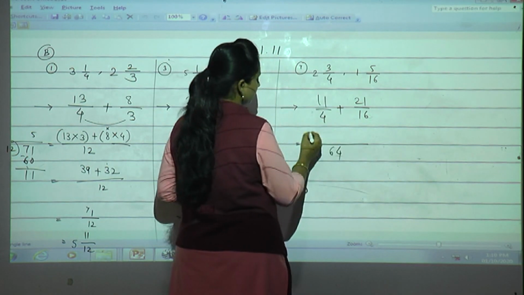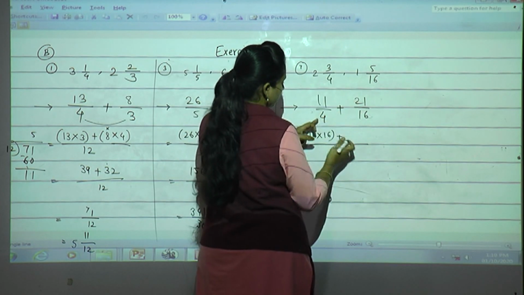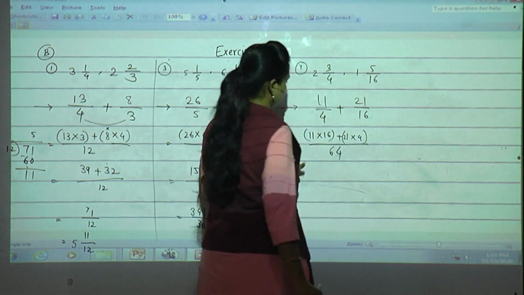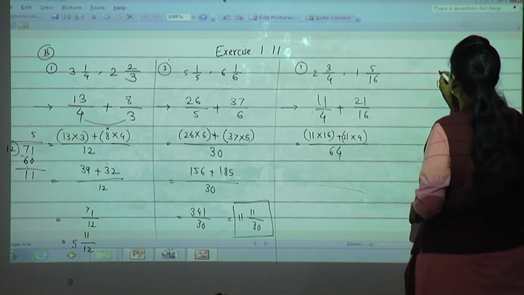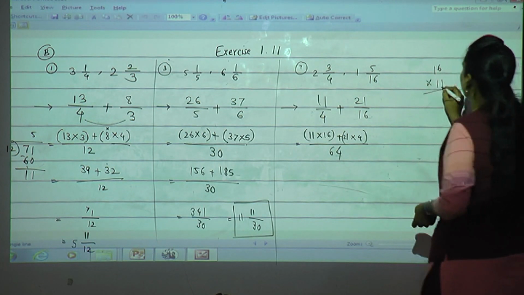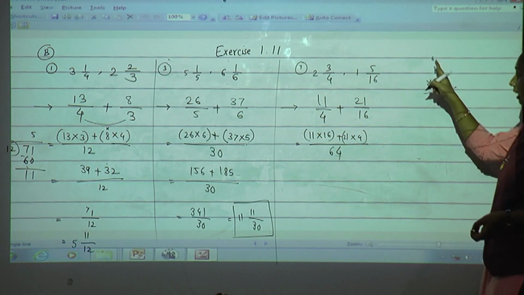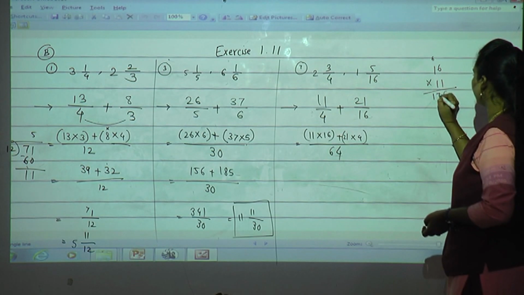Now cross multiplication. 11 multiplied by 16. This cross multiplication: 21 multiplied by 4. Now do the rough work for the multiplication. 11 6s are 66, 11 ones are 11, 11 plus 6, 17.